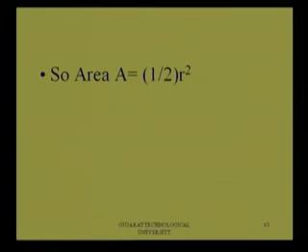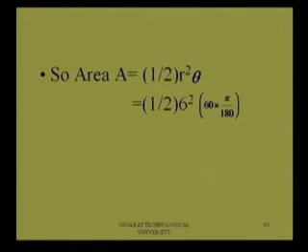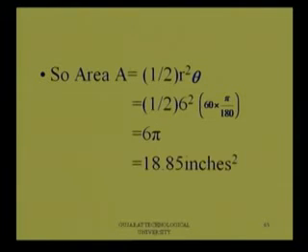The formula is 1 by 2 r square theta. With r as 6 and theta as 60 degree, that is pi by 3, we get 6 pi, that is 18.85 inches square. We will try to understand this example on the table.